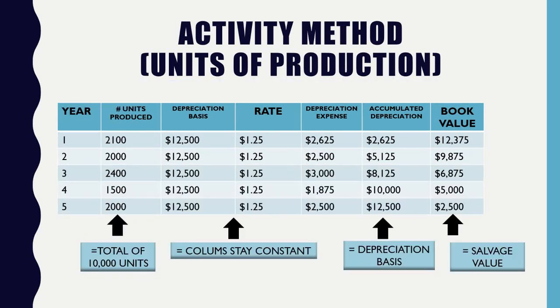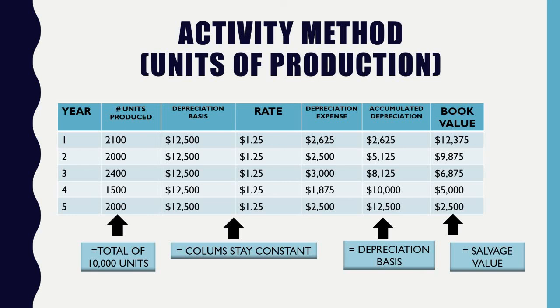I'm just going to go ahead and pass forward that. As we said before, you're noticing a trend. The first column is based on the total number of units produced that year. As a general rule of thumb, this whole column needs to add up because you have a capacity.